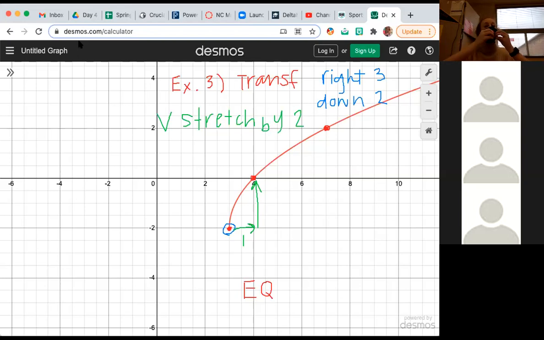Some of you, it did not click why you went over 1 and then however many up or down. The A value should always go over 1, up 1. In your table, I'm going to draw this so somebody can see. In your square root table we just wrote earlier, we said it should start at 0, 0, and then it should go over to 1 and up to 1.